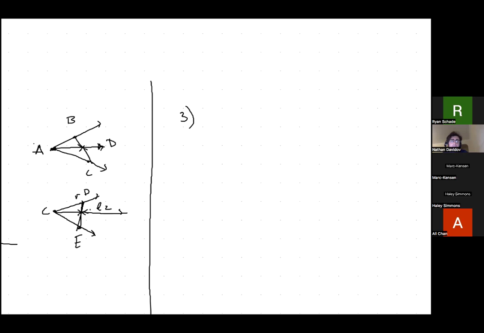Recall that the area of a triangle is defined to be k times the defect. Prove that two congruent triangles have equal areas. That's easy enough, right? Let triangle ABC be congruent to triangle XYZ.